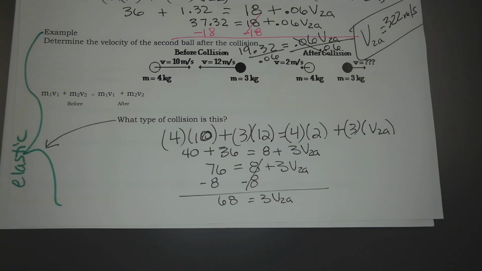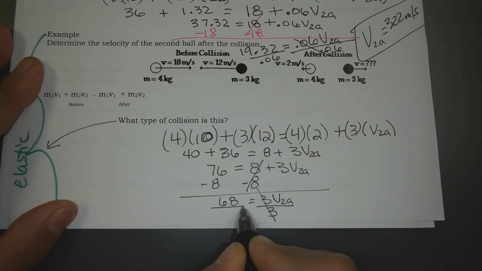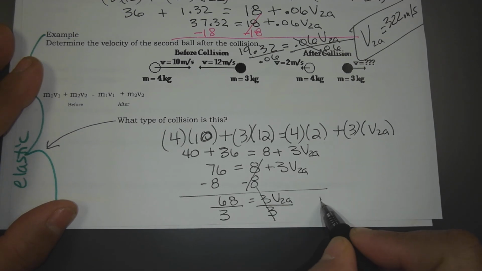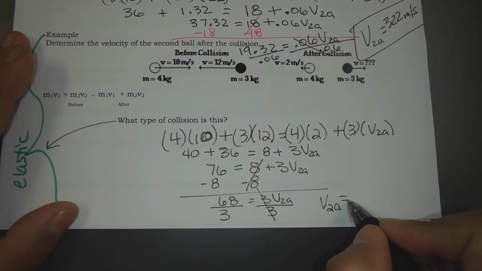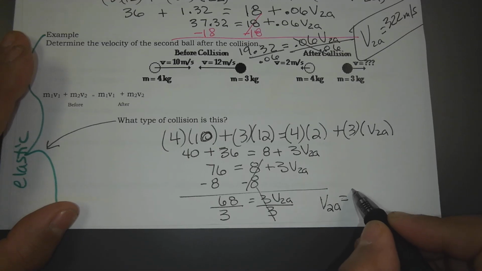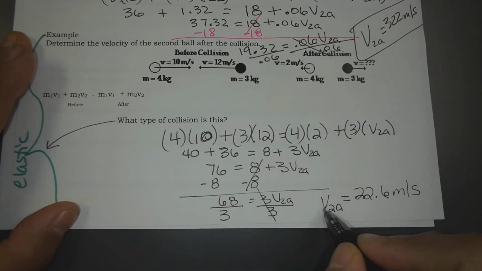I need to figure out what the velocity of object number 2 is. I'm going to go ahead and divide this side by 3 because they're being multiplied. Divide this side by 3. The velocity of object 2 after the collision is ending up at 22.6 meters per second.